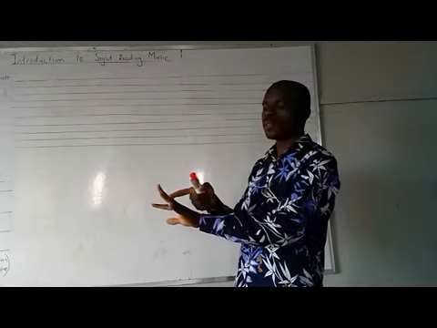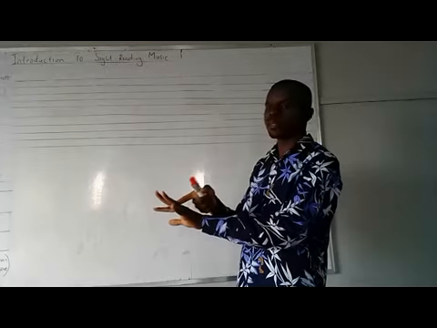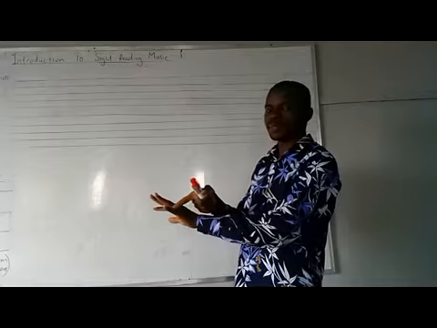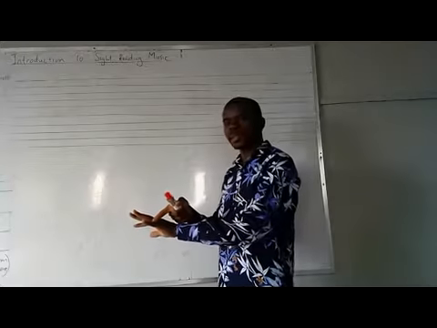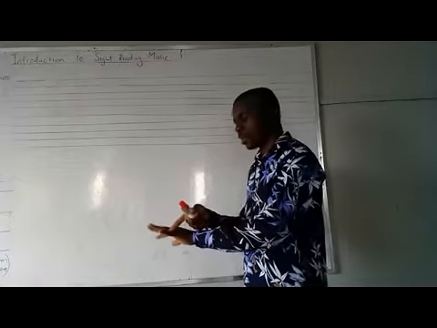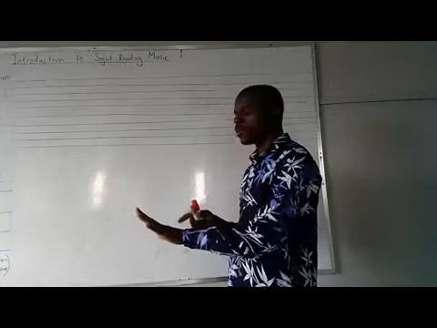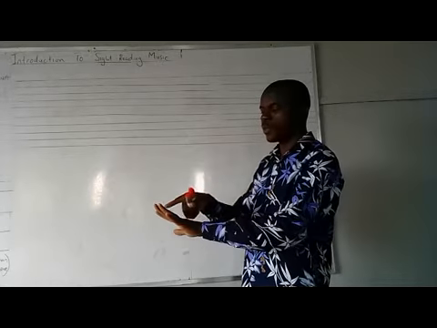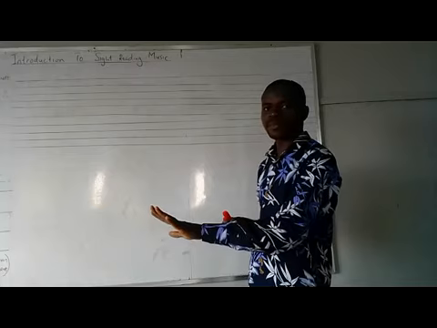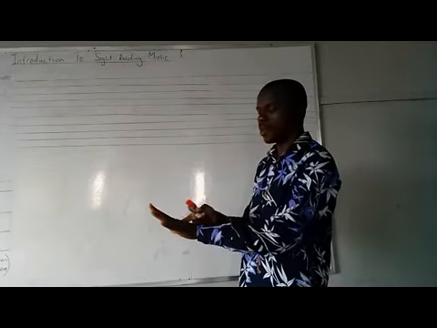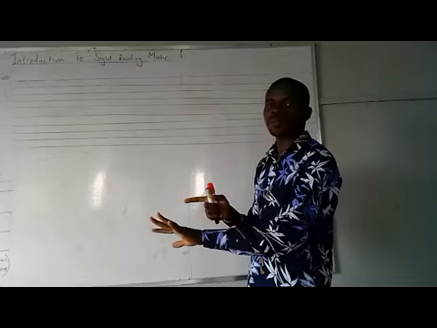Between the middle finger and the ring finger, there is a space. Between the ring finger and the pinky finger, there is a space. So the number of fingers we have is 1, 2, 3, 4, 5, and the number of spaces is 1, 2, 3, 4.